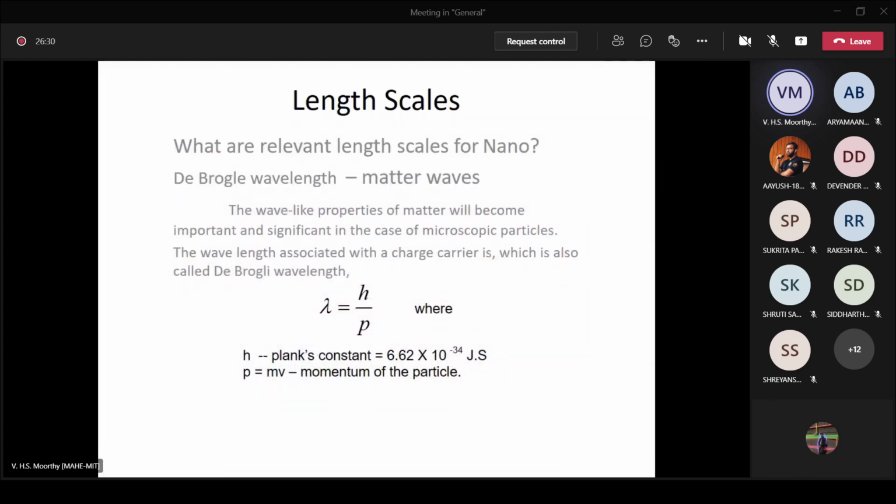So the distance traveled by the charge carriers between two successive collisions is called, last time I told, what is that thing? That is mean free path. So mean free path is a relevant length scale for an electron for a particular material.